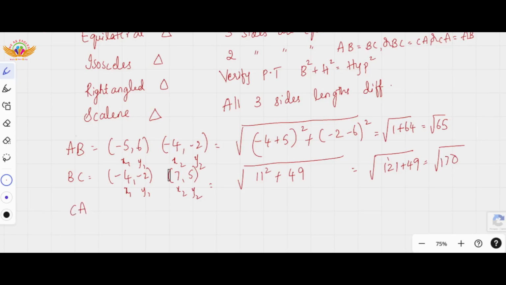Then what about CA? C is 7 comma 5 and A is minus 5 comma 6. This will become my x1 y1 and this will become my x2 y2.